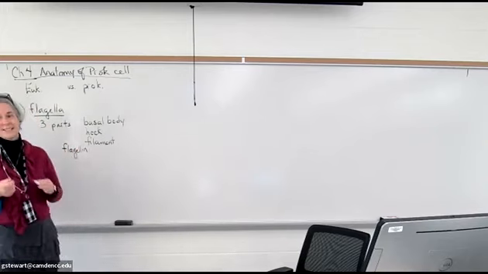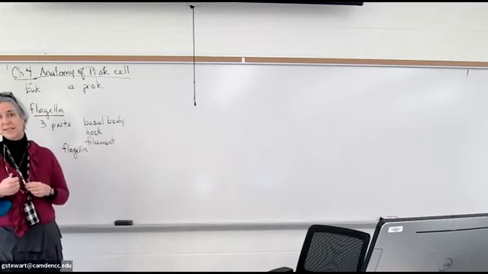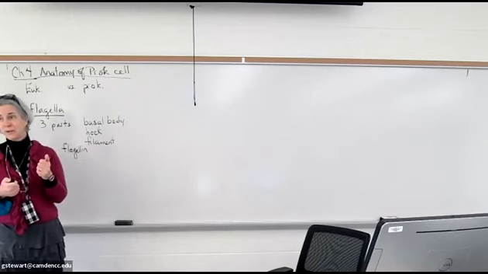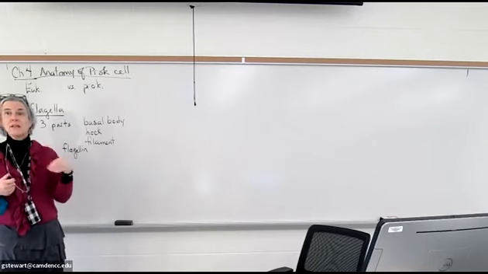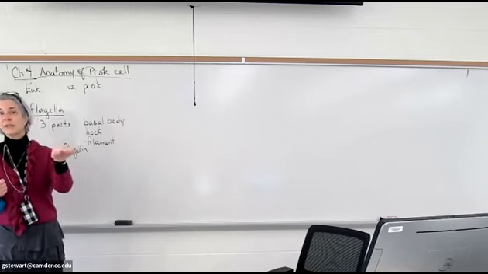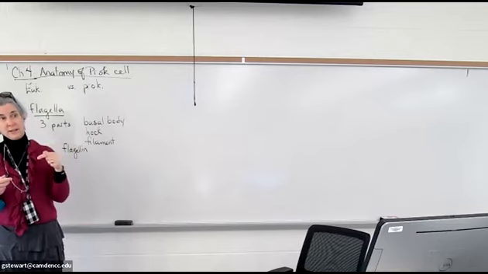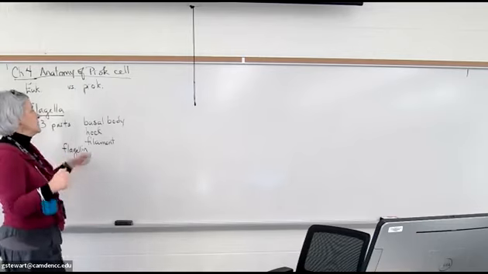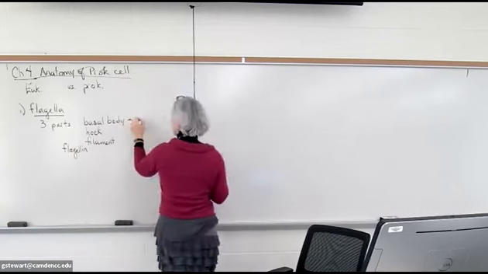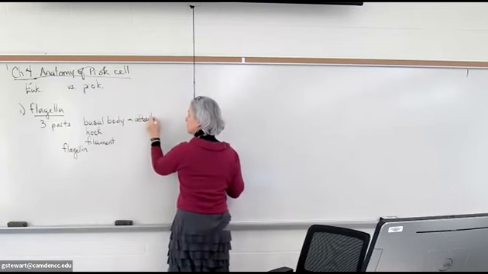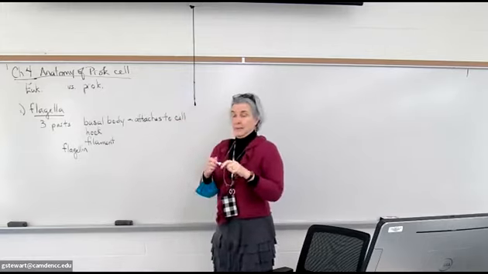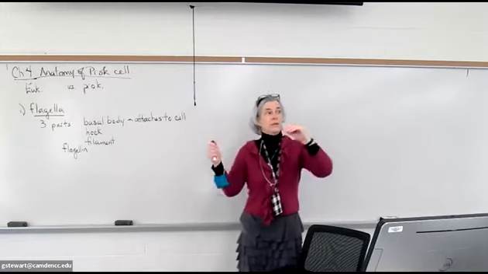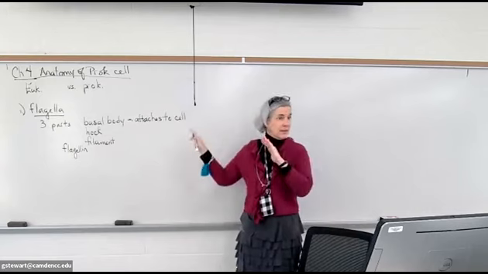It is not like eukaryotic flagella and cilia. It is not made of microtubules. It is not made of microtubules in a circular arrangement. And because of that, the bacteria are going to move differently through the media than eukaryotic cells. Okay. The basal body is the part that attaches the flagella to the cell, and it's different if it's a gram-positive cell wall or a gram-negative cell wall, so I'm just going to leave it at that.